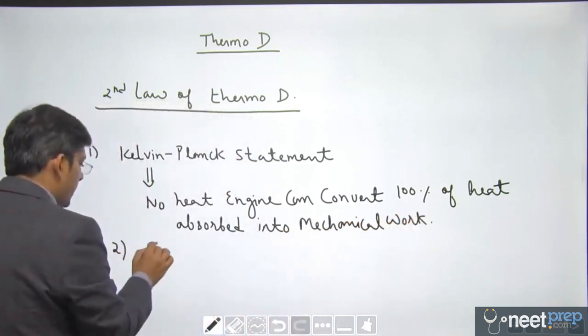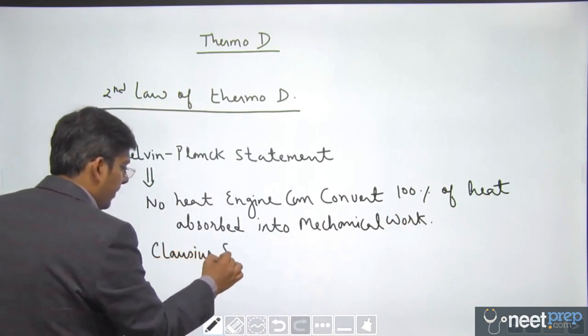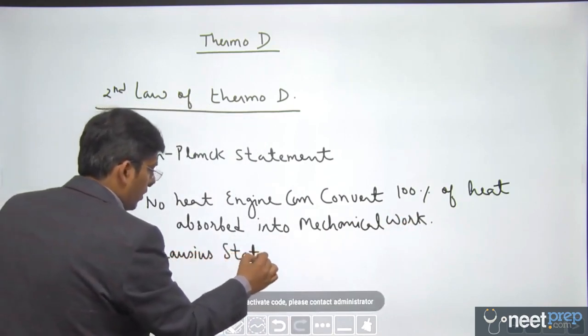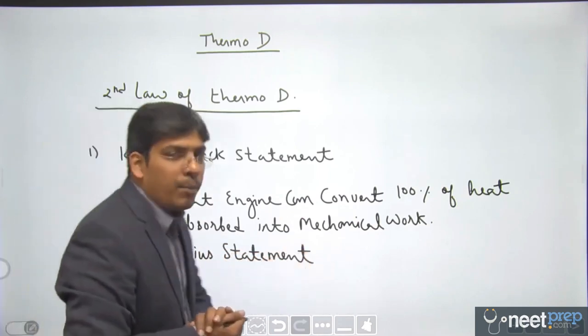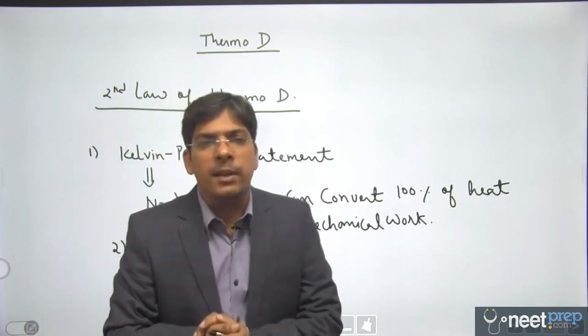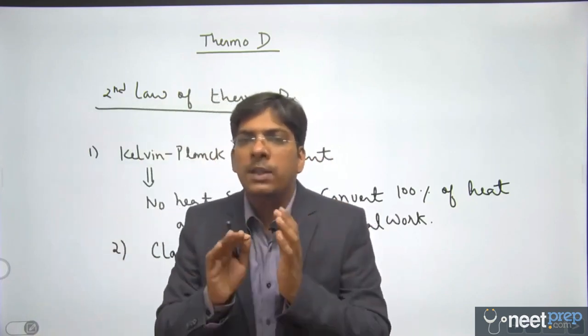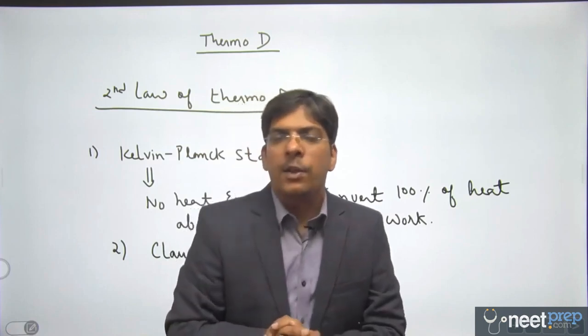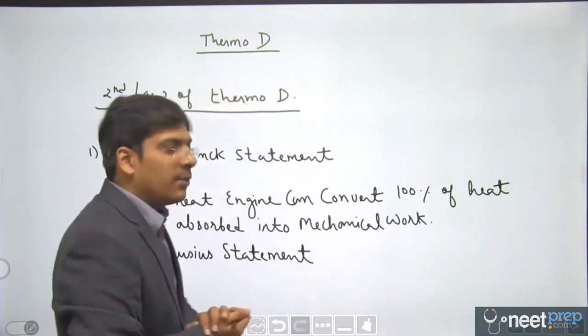Next will be the Clausius statement. Okay, what is that? See, it is impossible for a self-acting machine to transfer heat from a colder body to a hotter body without the help of an external agency. You cannot use the refrigerator without electricity supply, in simple terms, right.